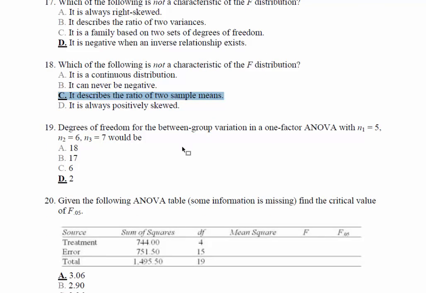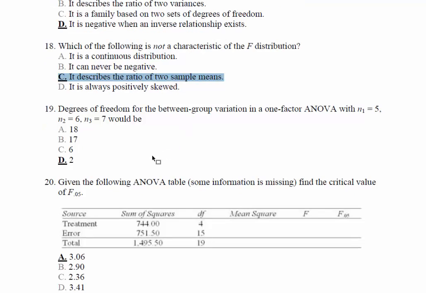Okay. Number 19. Degrees of freedom for the between group in the one factor ANOVA with n1 equals 5, n2 equals 6, and n3 equals 7, C would be what? The degree of freedom for between group is C minus 1, right?